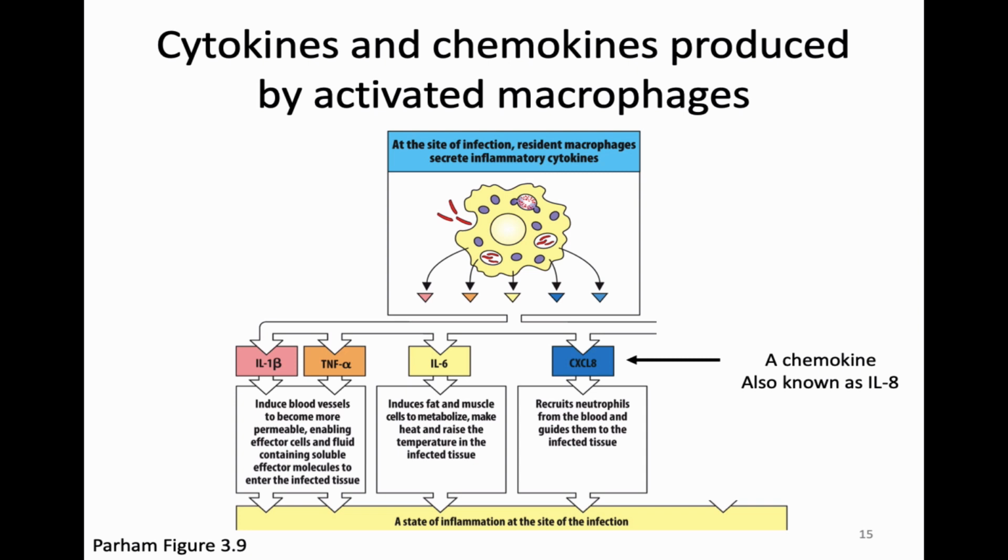We also see some molecules made known as chemokines. One important chemokine that's made here is called IL-8. It's also known as CXCL8. Chemokine is a word that was made up by smushing together two words for a part of what this molecule does. Chemokines are chemotactic cytokines.